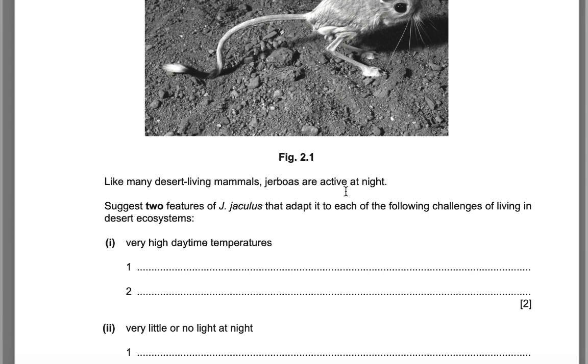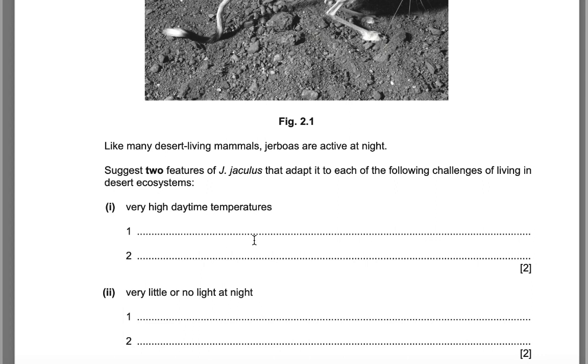Now suggest 2 features of Jaculus jaculus that adapt it to each of the following challenges of living in the desert ecosystem. Very high day temperature. What could be one of the features it needs to have in order to survive very high day temperature?